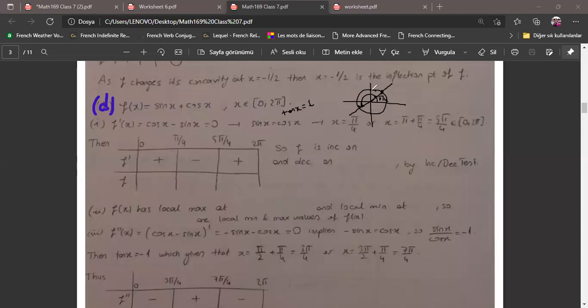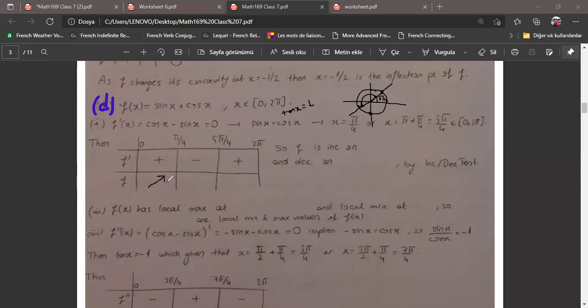Let's take pi over 2. Cosine pi over 2 is 0 and sine pi over 2 is 1. So we get -1 here, right? So it's negative. And for that part, we can, for example, take 3 pi over 2. So it will give us something positive. If you try it, you will get something positive.